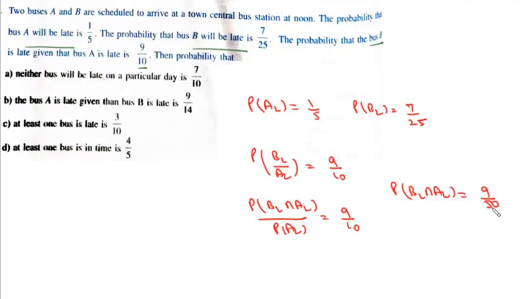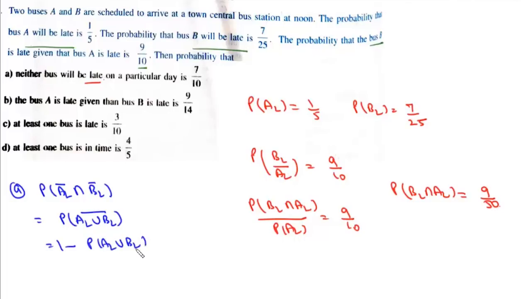Now first we need to find the probability that neither bus will be late on a particular day. Neither bus is late means the probability of AL not intersection BL not, and this probability is P(AL union BL) not, which is 1 minus the probability of AL union BL.